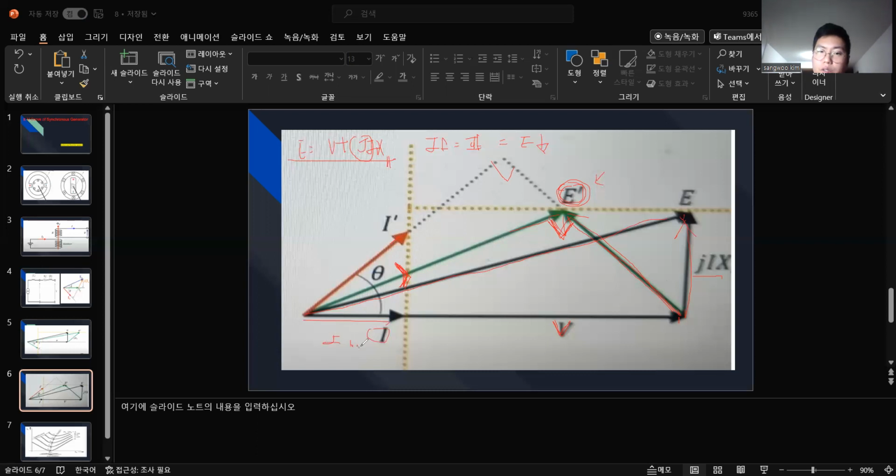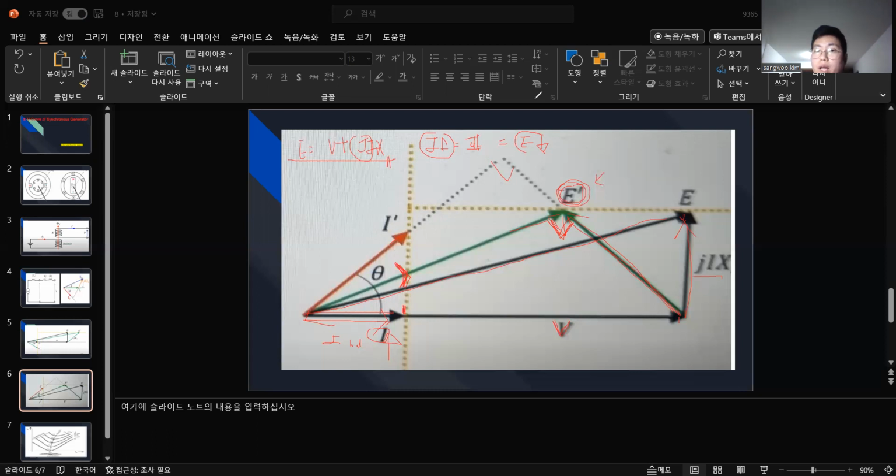If it's the load current, what is the value here? This length. The load current is increased, right? Even though we decrease IF, the exciting current, and E is also decreased.